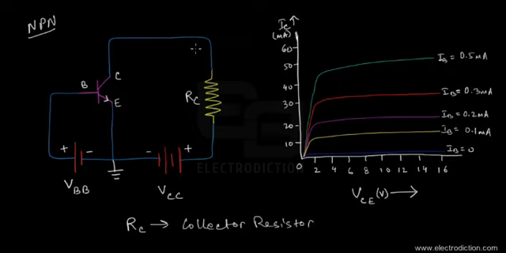In this output loop, you can see that the circuit is complete, and the input is already being forward biased. The emitter junction has already been forward biased with this bias voltage source, VBB, in the input part of the BJT circuit.